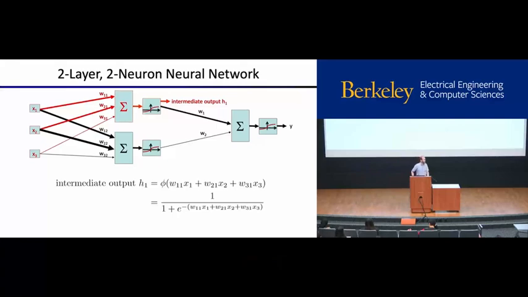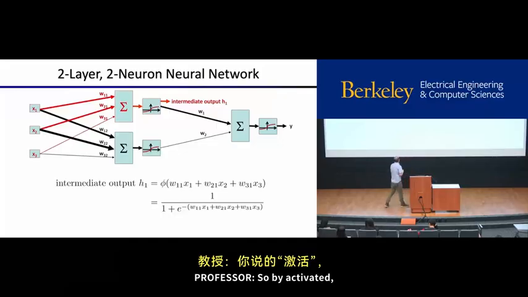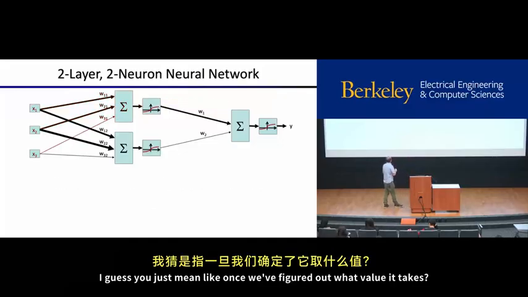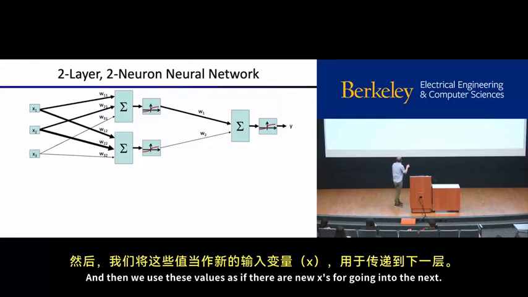Once one of the neurons is activated, what goes on in the second layer? By activated, I guess you just mean once we've figured out what value it takes. Yeah. So these will take some value computed by this process, and then we use these values as if they are new x's going into the next layer.